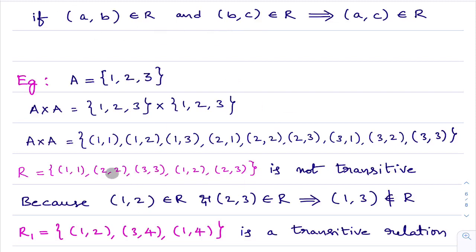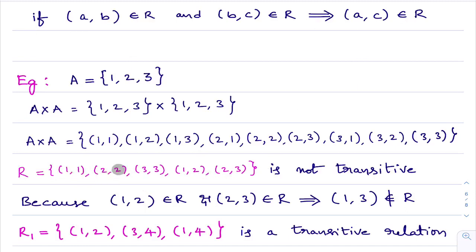Now you check whether A comma C is present in this relation or not. What is A comma C? Ordered pair 2, 3. Is 2, 3 there in this relation? Yes. I hope you are understanding.